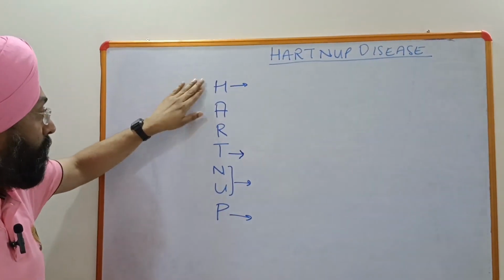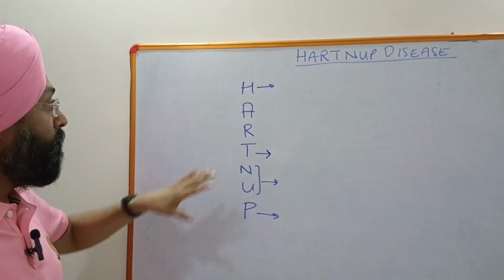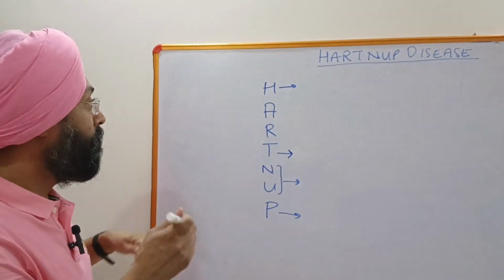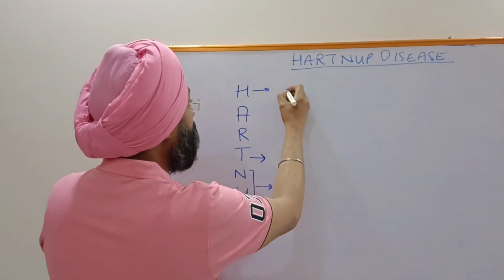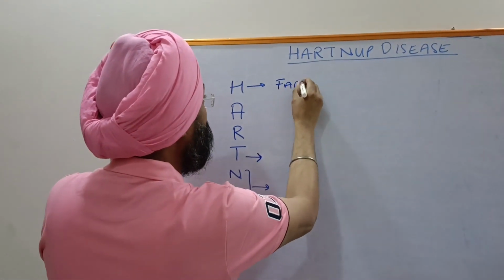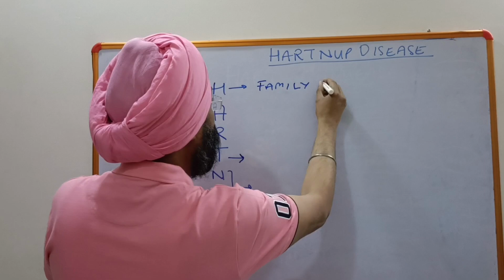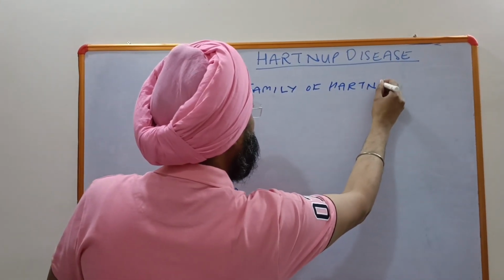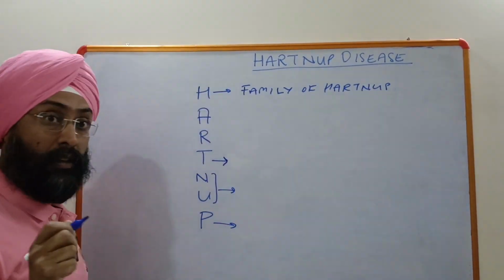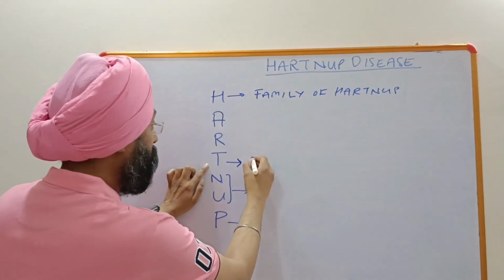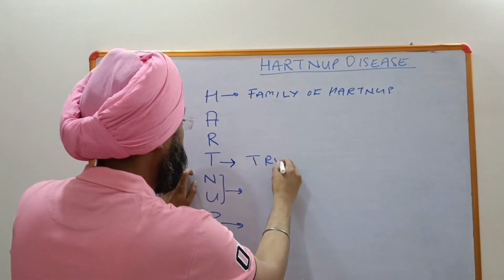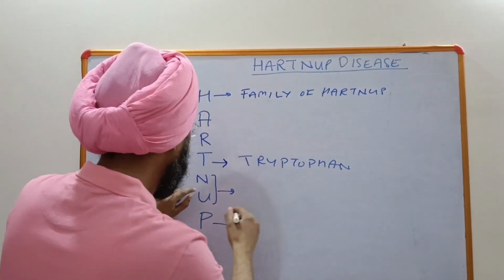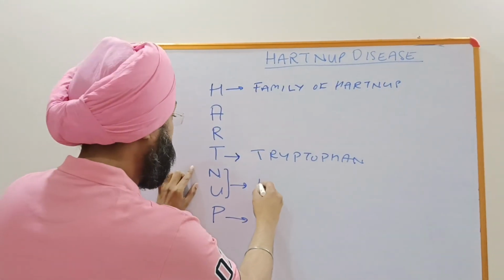So, I have written Hartnup in this manner, so that we can remember the chief complaints and symptoms. H for it was noticed in the family of Hartnup, right? And the chief amino acids are tryptophan and neutral amino acids.